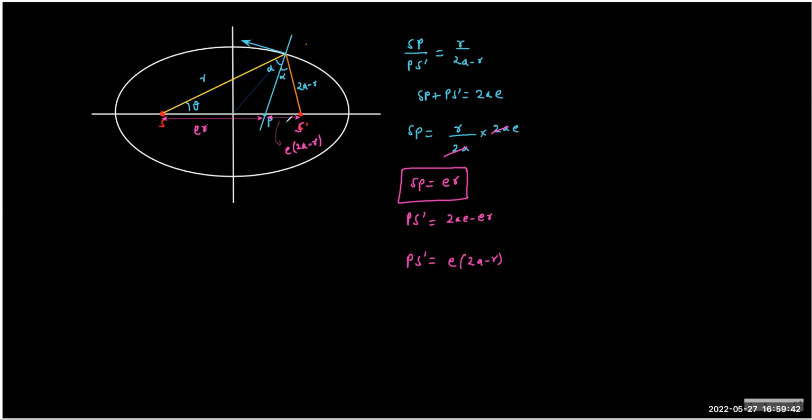So this angle, if I try to prove that alpha equals alpha, I think that is kind of self-evident now. Something really interesting happened. Okay, so now we have to find the radius of curvature.